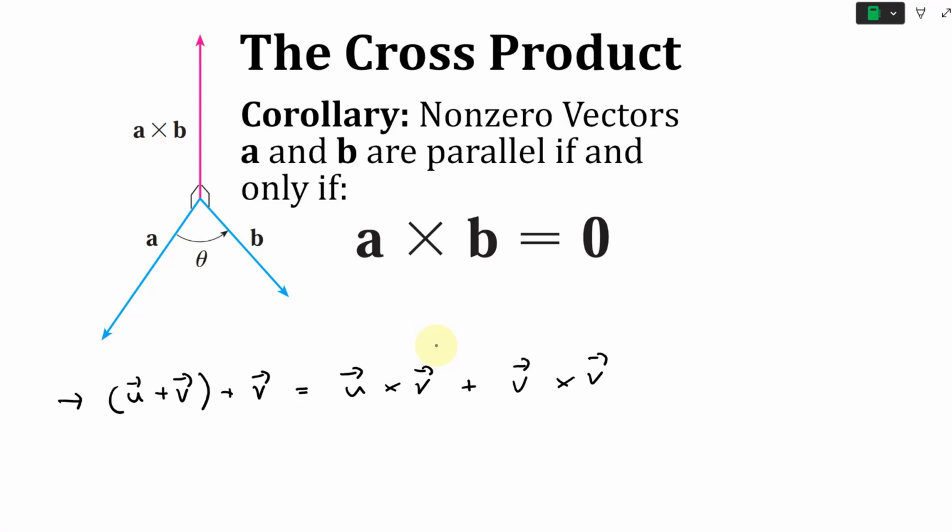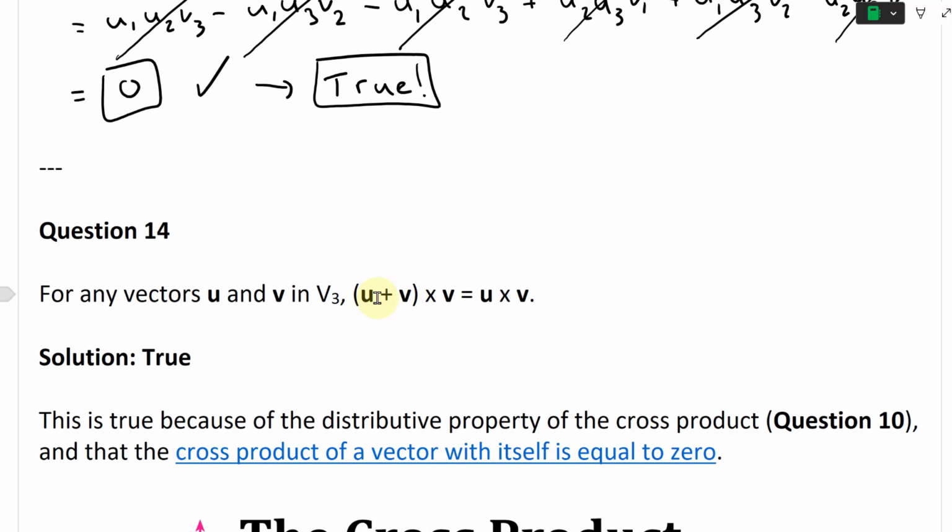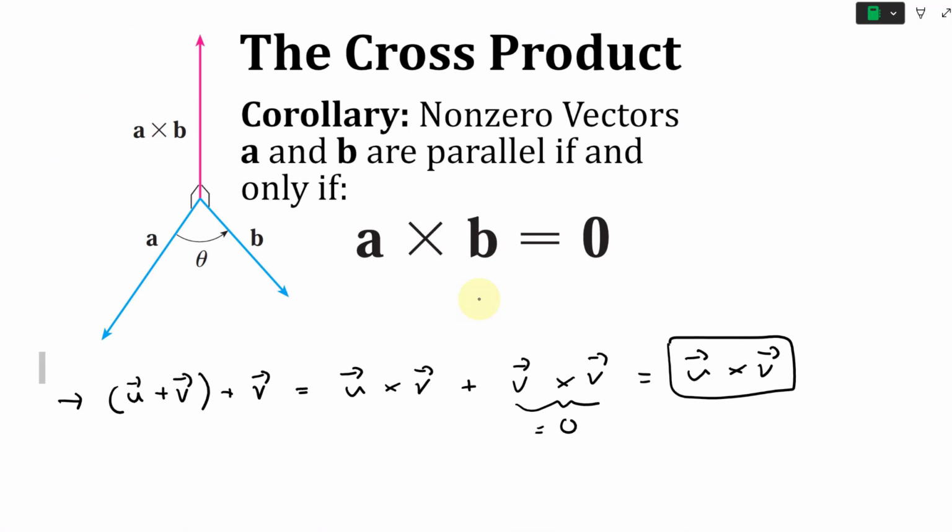And now this part right here goes to 0. So in other words, this becomes u cross v. And this is exactly what we had over here. So we get u cross v. So this is true right there. Yeah, I'll just put a true there.